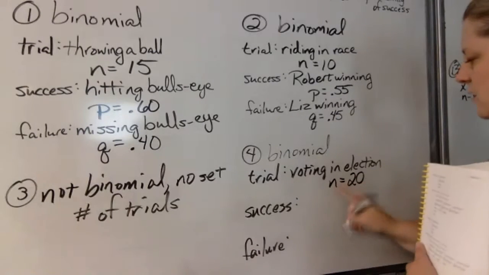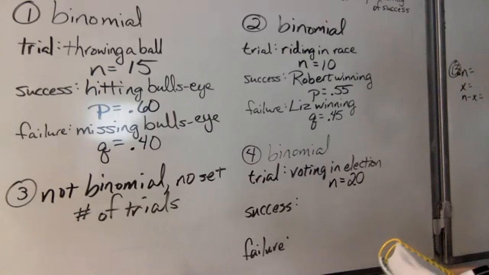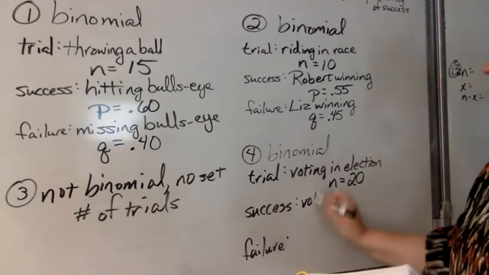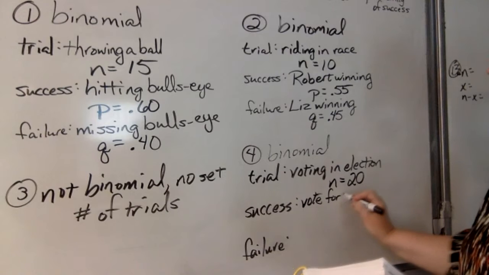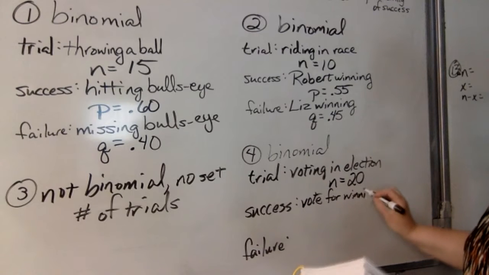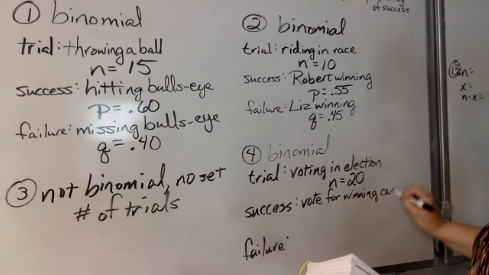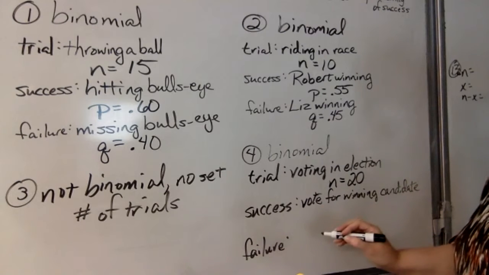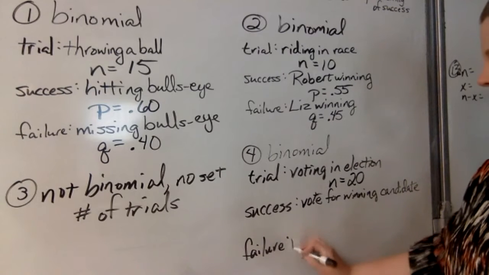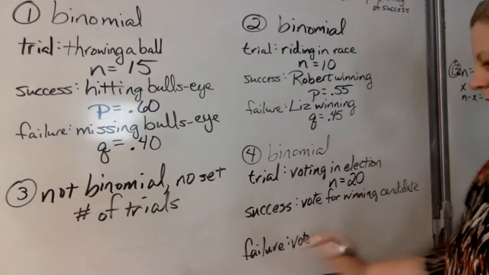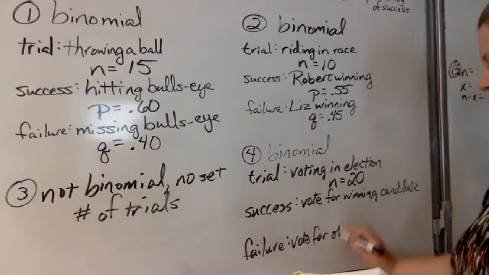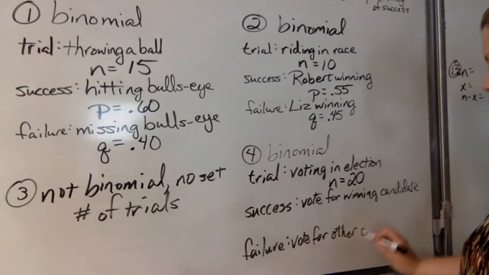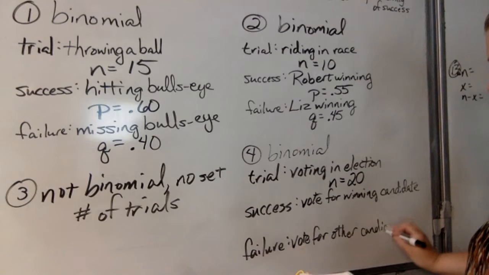So that was our N, our number of trials. Okay, so success would be vote for the winning candidate. So the opposite, the failure, would be vote for the other candidate, right? Yeah, the winning candidate, or you have the one who didn't win.